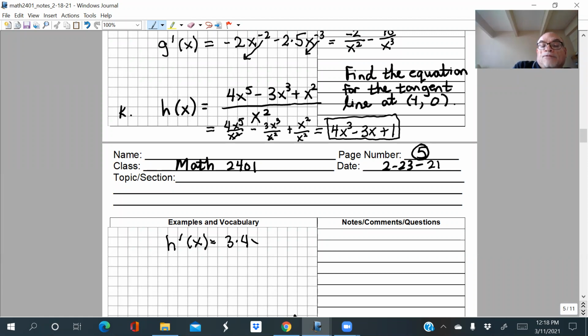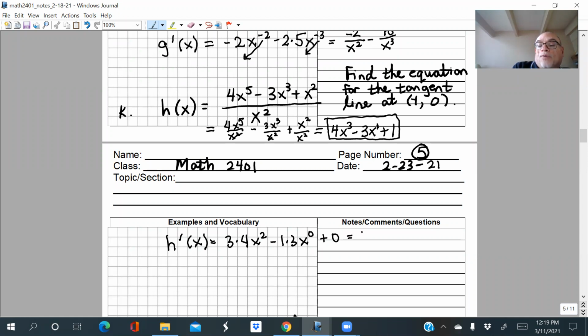So we have 3 times 4x squared, subtract 1 from the 3. And then here, the derivative of minus 3x, remember this is x to the first power. So you get minus 1 times 3x to the 0th power. And then the derivative of that constant is 0. The derivative of 1 is 0.